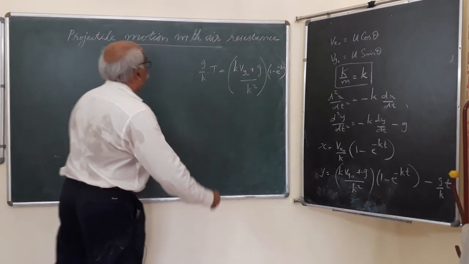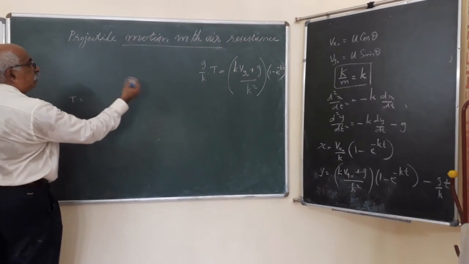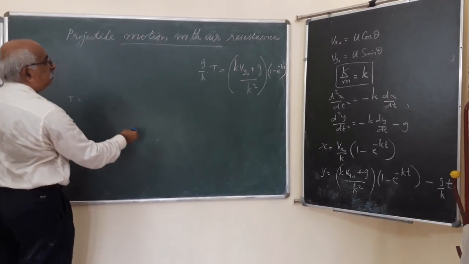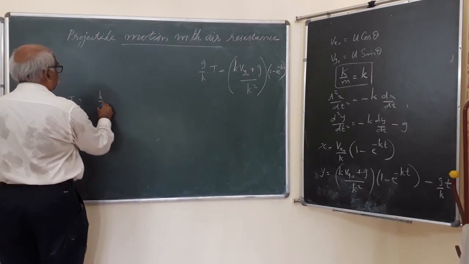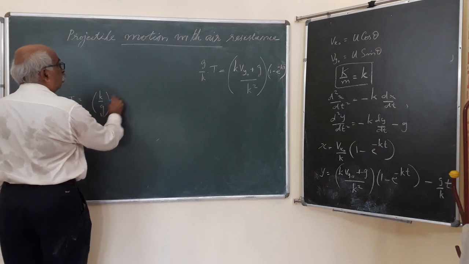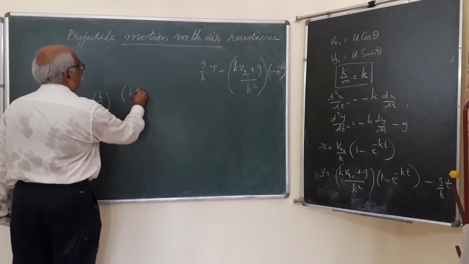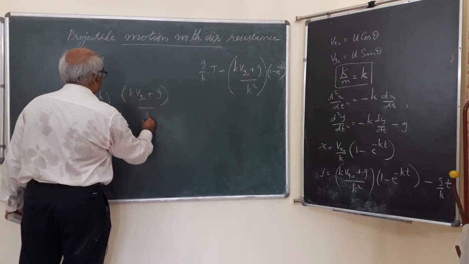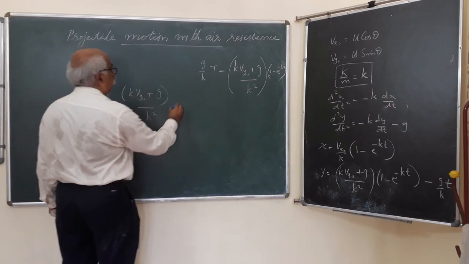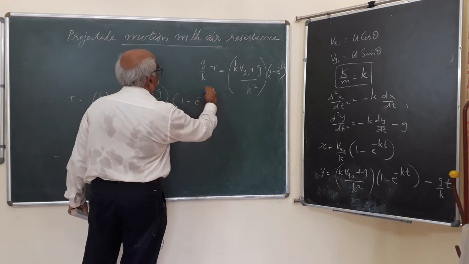Further simplifying, we get T is equal to, g by k is taken to the other side, k by g into (k Vy0 plus g) divided by k square into (1 minus e raised to minus kt).